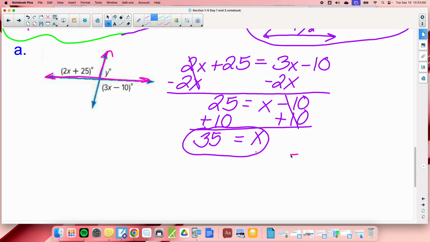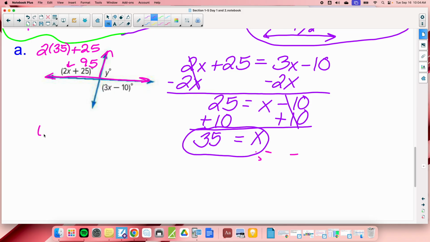But could I find that angle if I know what x is, right? Could I go 2 and put 35 in here? 2 times 35 plus 25 is what? That would be 70 plus 25, which is 95. So this angle is 95. Now is it easy to find y if together they add up to 180? Do you guys get that?